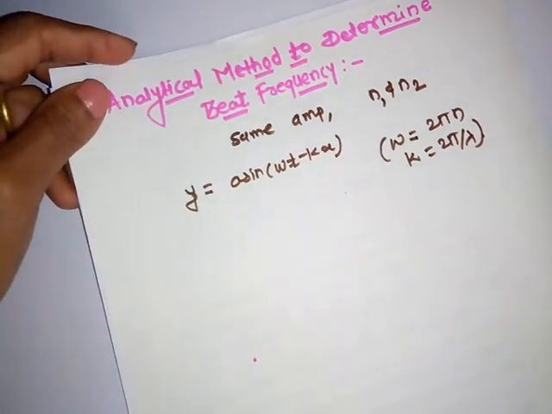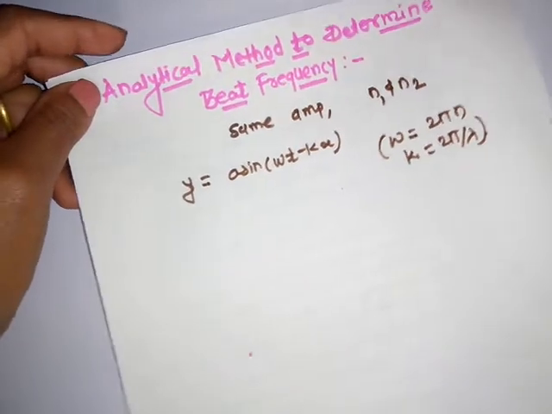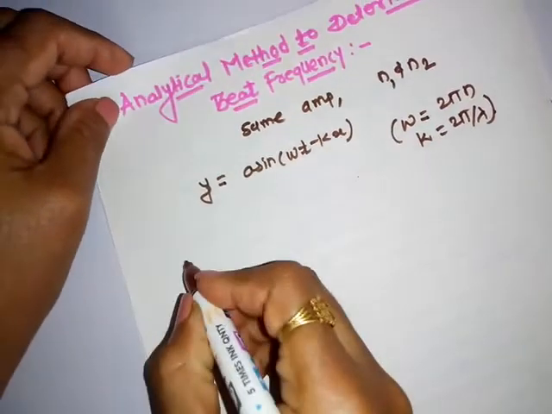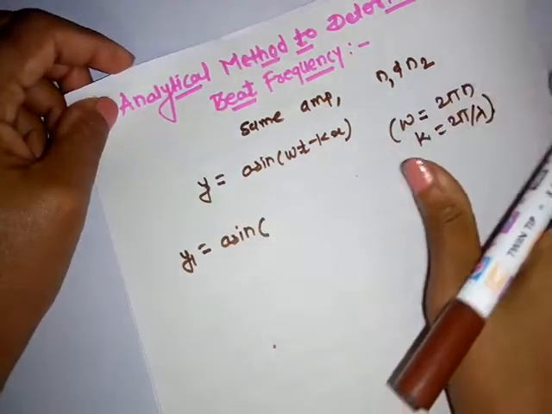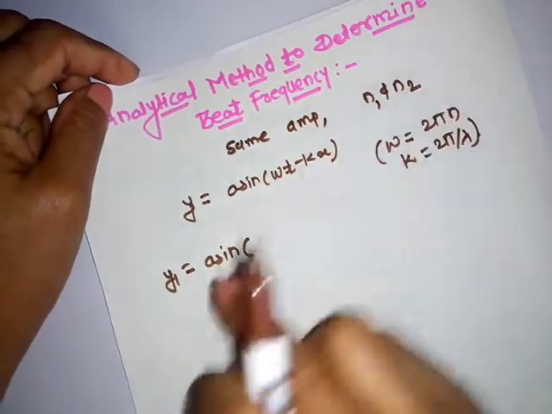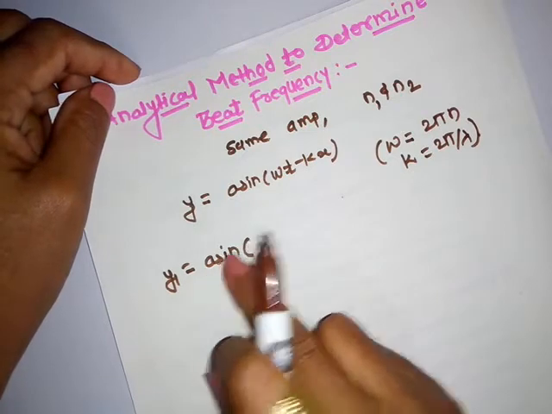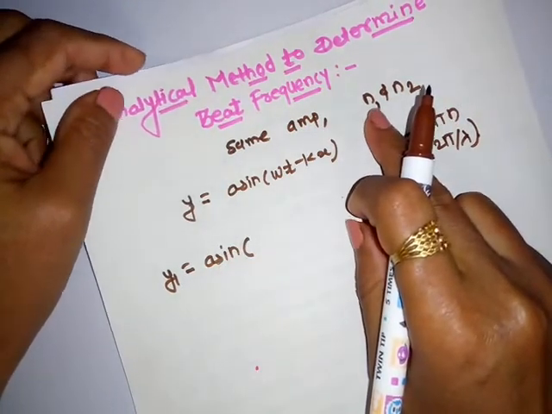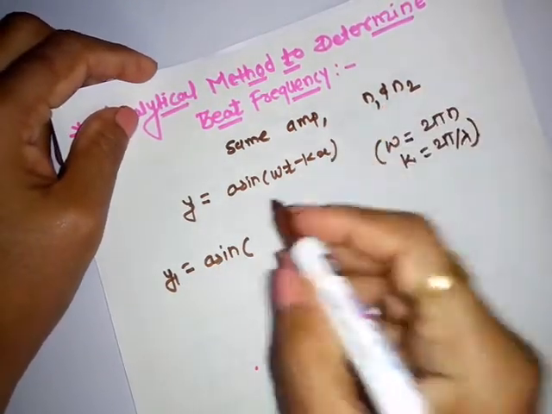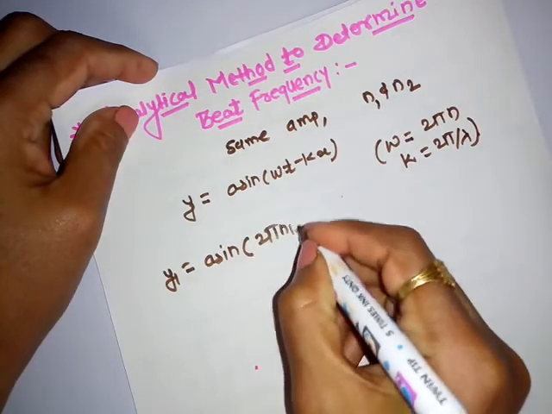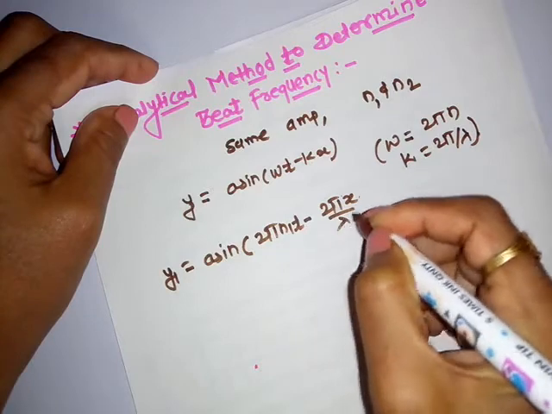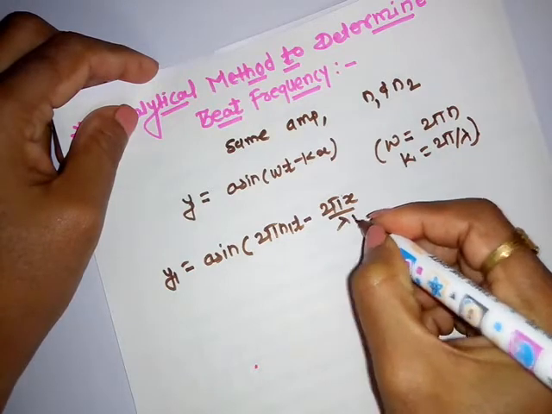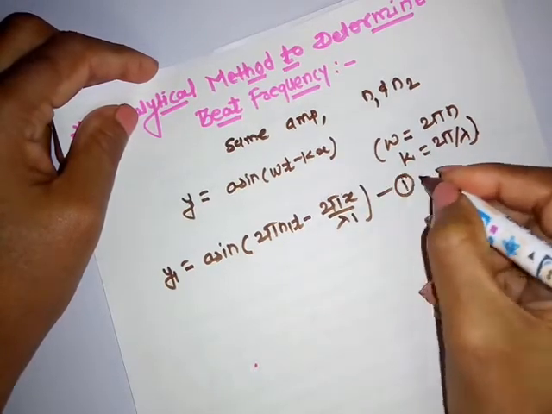Now the equation of the displacement for the first sound wave is considered as y1 is equal to a sin, and there is a difference in frequency but the amplitude is the same. So a sin(2 pi n1 t minus 2 pi x upon lambda 1), considered as equation 1, since there is also a difference in wavelength.